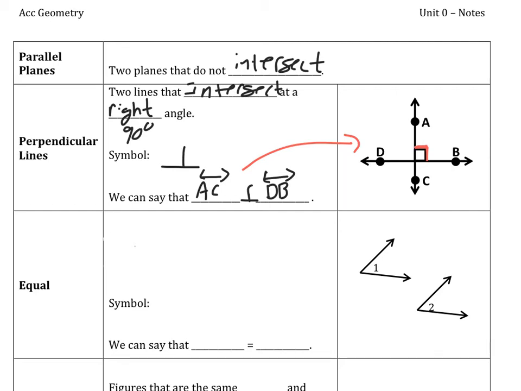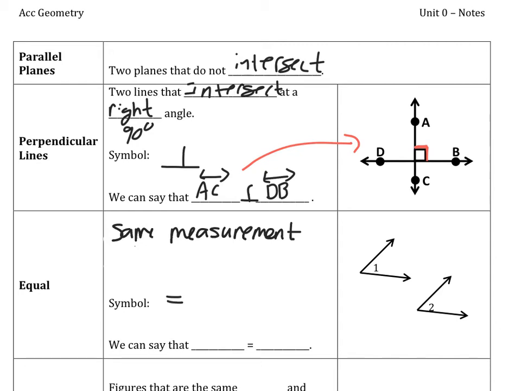So equal in geometry means basically the same thing that it always has, but here we're going to be talking about something very specific, figures, for the most part, having the same measurement. So we're looking at two angles here, and we'll go ahead and look at how to name an angle while we're here.